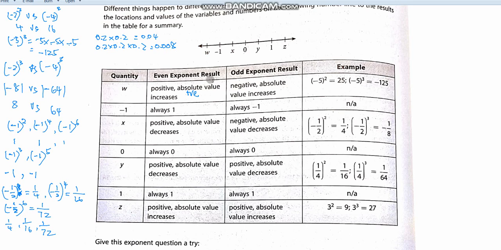The difference between even and odd exponents is only that one is positive and one is negative. But in terms of the absolute value, it's always decreasing. In this case, you take a negative, no doubt you're negative, but if you take the absolute value, you remove the negative and just consider the positive. It's always decreasing. Okay, now next one.